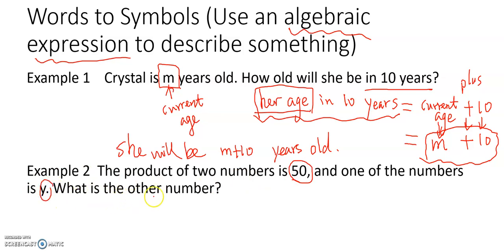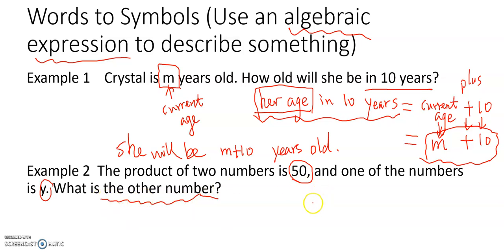Well, for example, if I know one of the numbers is 5, then I can find the other number, which is 50 divided by 5. That will be 10. But I don't know what y is, so y doesn't have to be 5. Y could be 2. Then I do 50 divided by 2. If y is 3, I could do 50 divided by 3, which gives us a fraction. So we cannot really tell what the other number is exactly as a specific number.